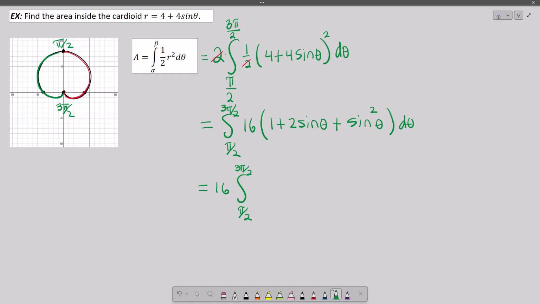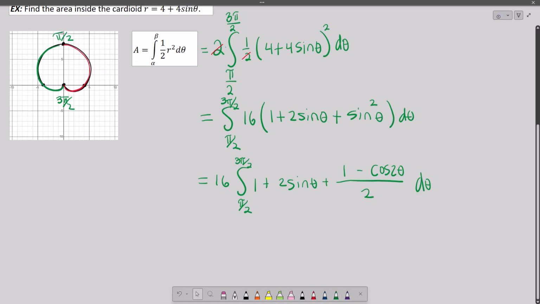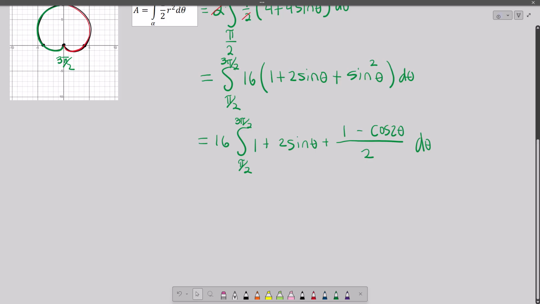So 16 out in front, we have 1 plus 2 sine theta plus, and this is 1 minus cosine of 2 theta, divided by 2. Sine is negative. So that is what we have to integrate.